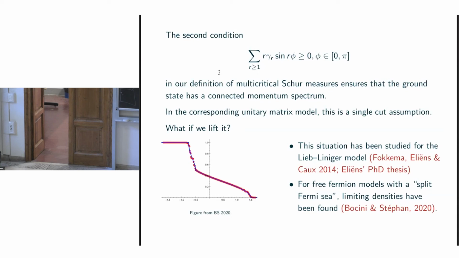So the situation where you remove this condition, you can call it a split Fermi sea, from work on the Lieb-Liniger model by Eliëns and co. And this is also treated in Sylvain Eliëns's PhD thesis.